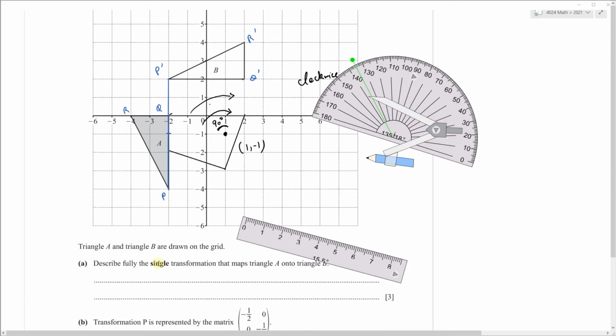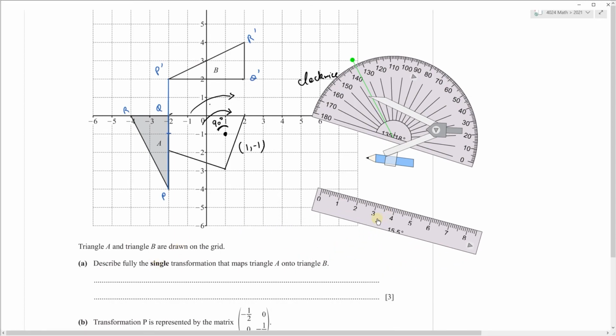So let's write it down. This is a rotation, 90-degree clockwise, with center 1 and minus 1.